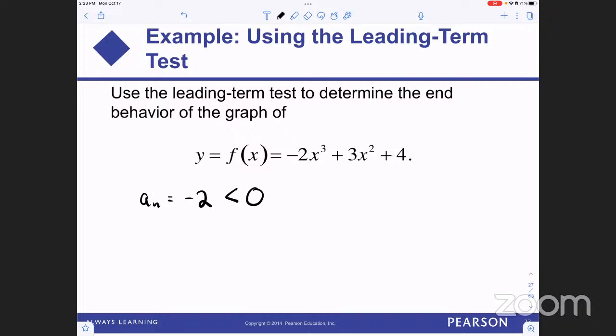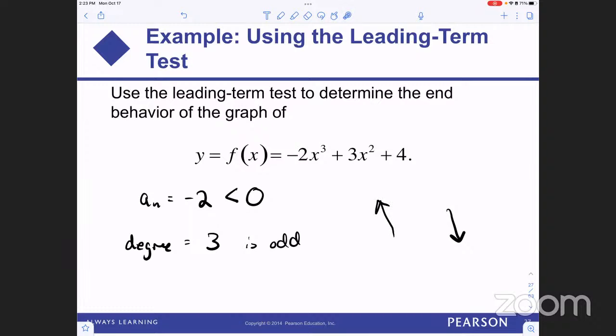So what that means is that our graph is going to go down to the right. And then the degree of our polynomial in this case is the highest exponent, which is going to be 3, which is what? Odd. So that means the other side does the opposite, so it should go up to the left, right?